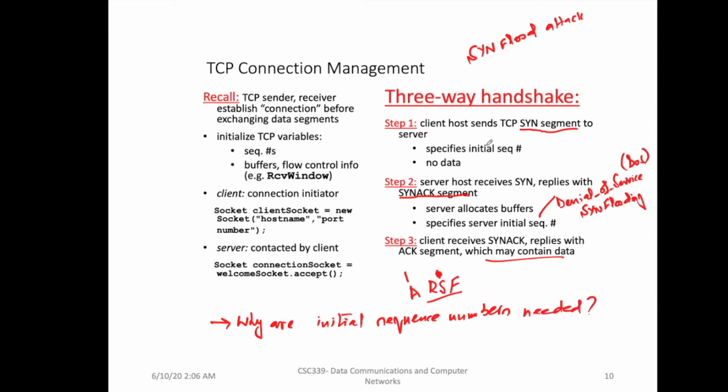Remember, whenever a special SYN segment is generated by the client machine, it uses a randomly selected initial sequence number, and the same is the case with the reply from the server side. So the question is, why do we need these initial sequence numbers, and why do we select them randomly?